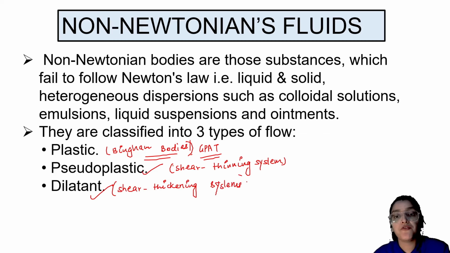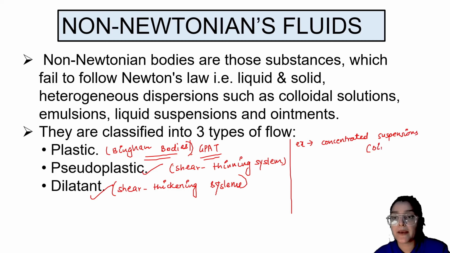Okay, students, very important, this slide is very important. In case of plastic ones, we have mentioned concentrated suspensions as the example, which might also include ointments. In case of pseudoplastic, we have mentioned the polymeric solution.